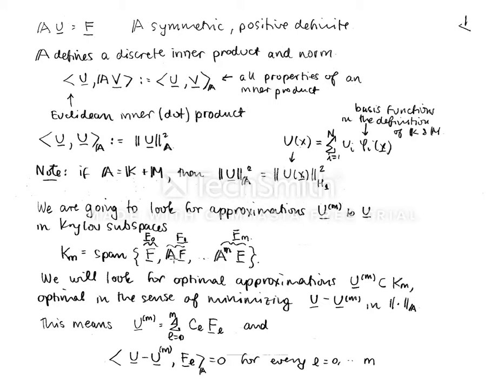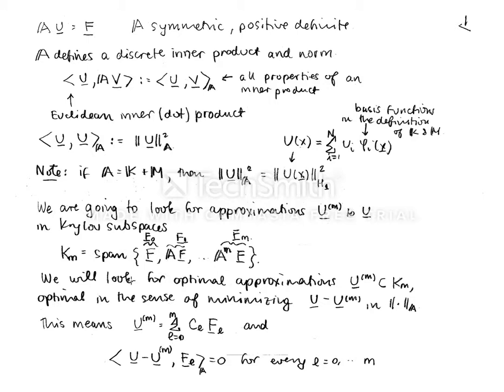So you have to bear that in mind. For this to work, you have to be able to multiply by A quickly, and that can occur in a number of different situations. In the finite element case, A is a sparse matrix, which is what you get from a finite element discretization.